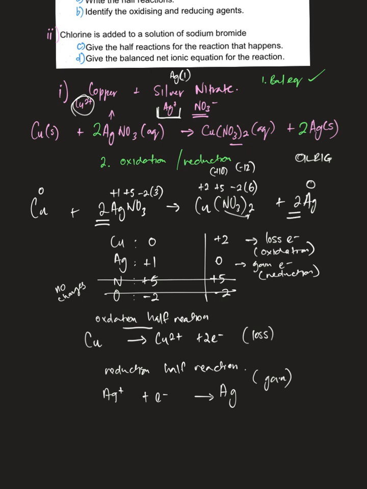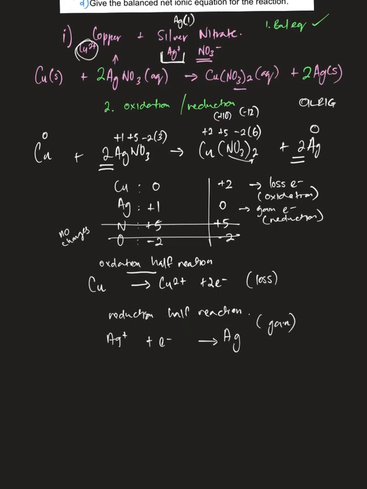This is where the coefficients come in. The coefficient here was times 2, which means you went from 2Ag+ plus 2 electrons gives you 2Ag.